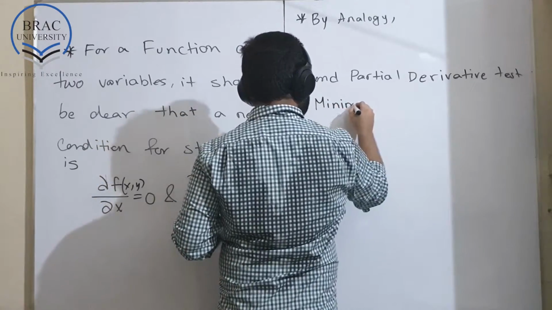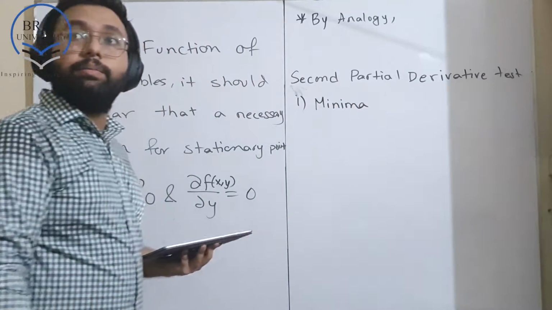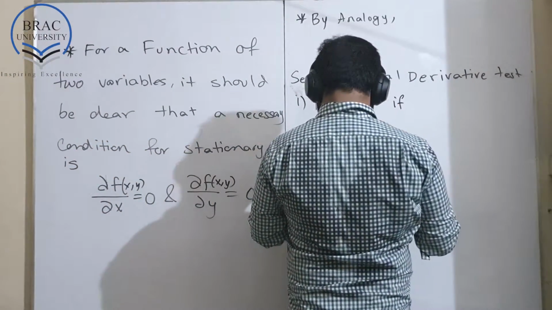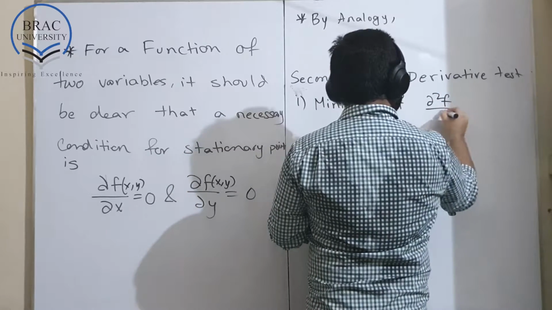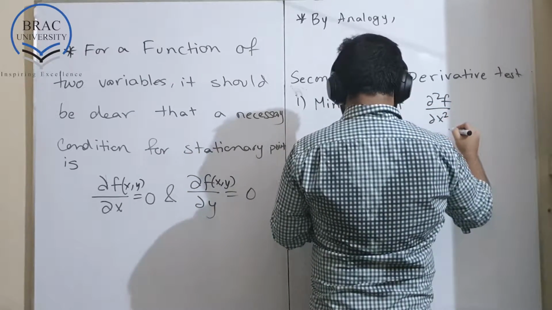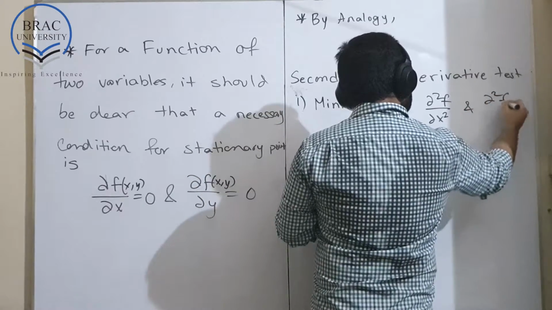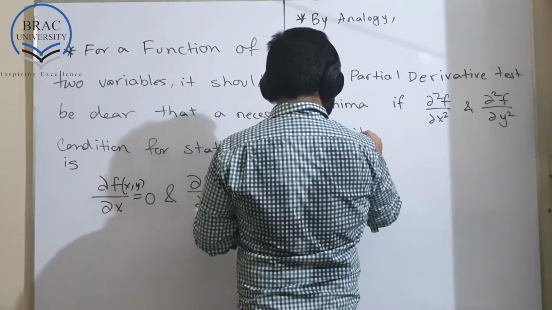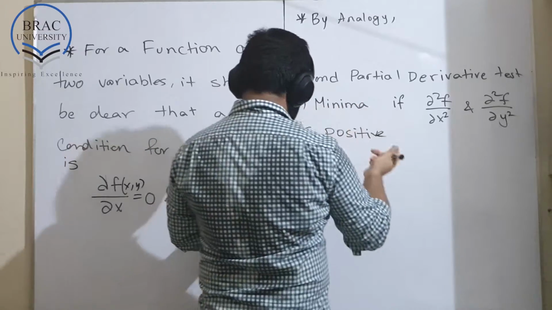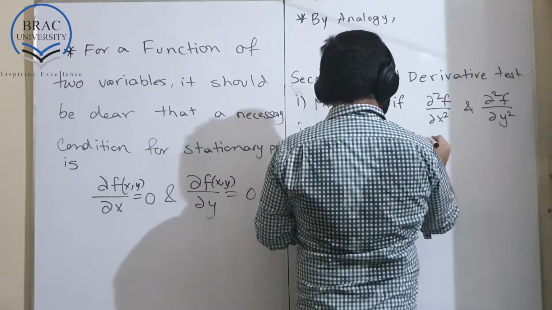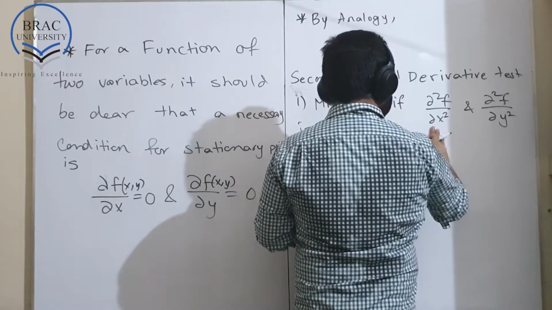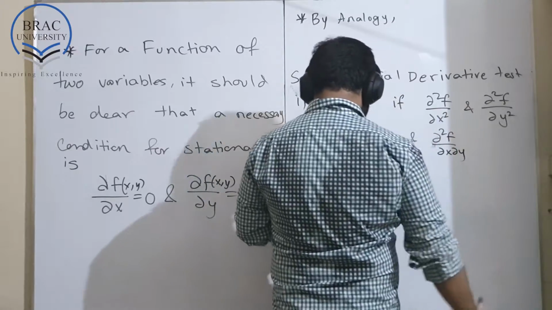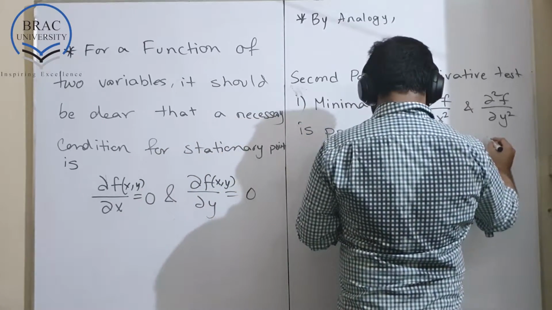We have a minima of the function of two variables if the second derivative is positive and the mixed partial is less than the product of the second derivatives, the second derivative with respect to x times the second derivative with respect to y.